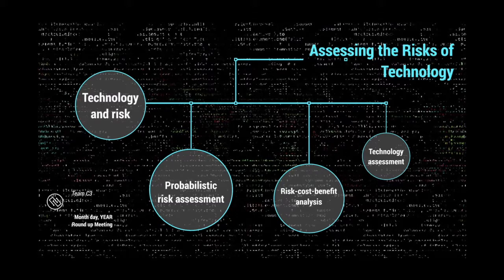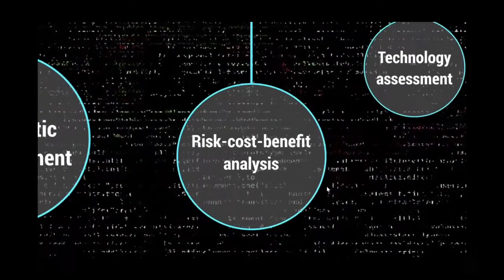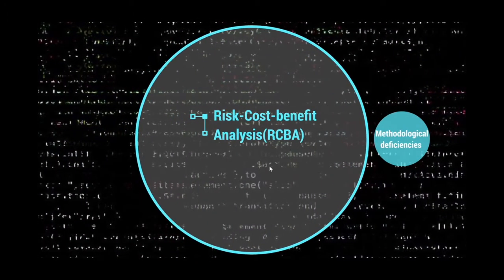Now let's talk about our second topic, risk cost benefit analysis. Along with the PRA, cost benefit analysis, CBA, and risk cost benefit analysis, RCBA, arose as a preeminent method of assessing the risk of technology during the late 1960s and early 1970s.